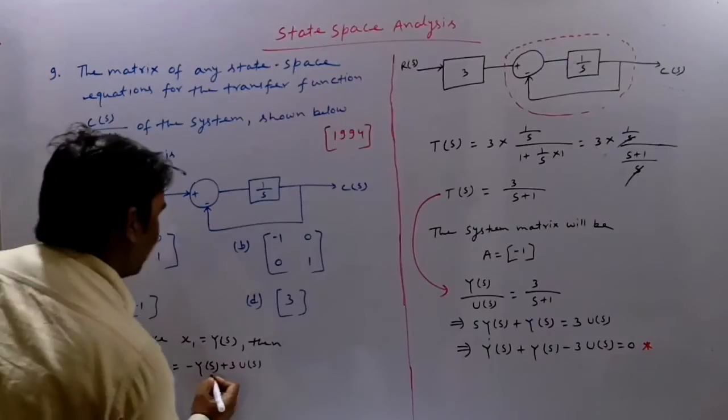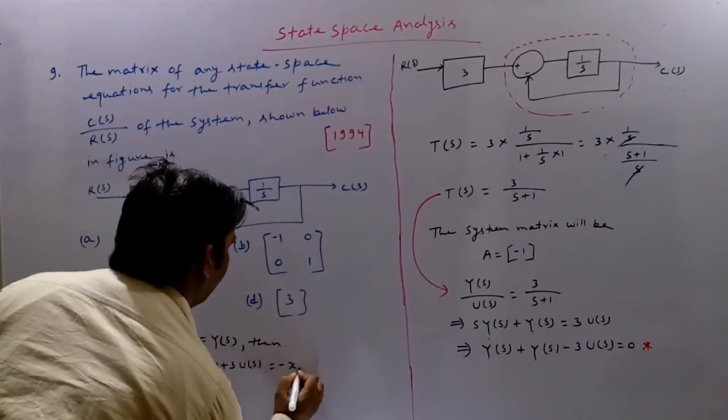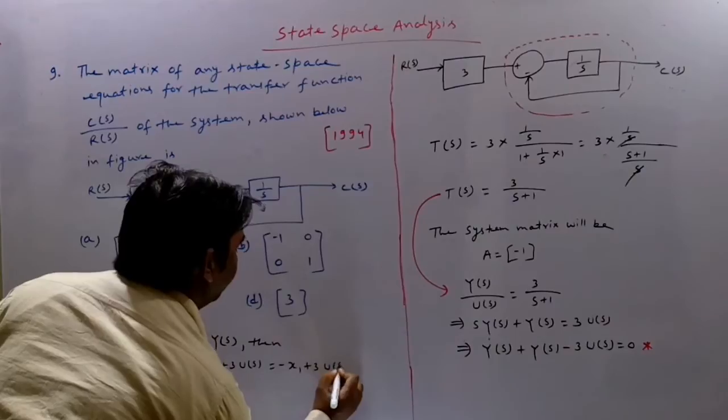Ys is nothing but x1, so it is minus x1 plus 3 into us.